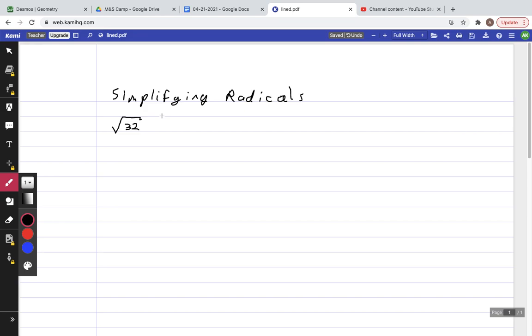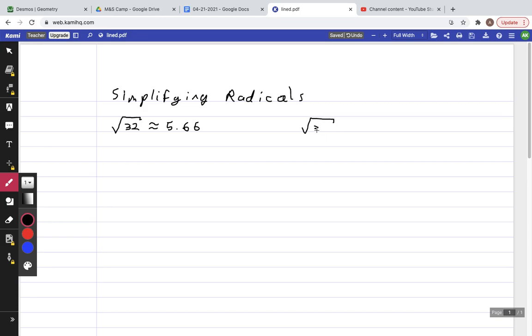If we were to use a calculator and figure this out, we would get that this is approximately 5.66. Now, this is, as I said, sometimes a good thing, but sometimes it has its issues. So, what we can do instead of getting this type of answer is we can simplify it down.